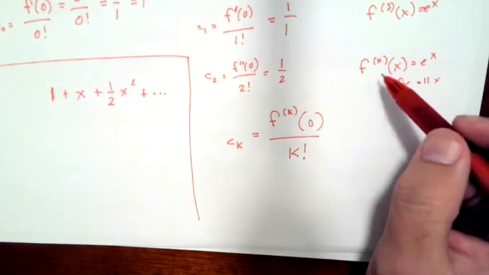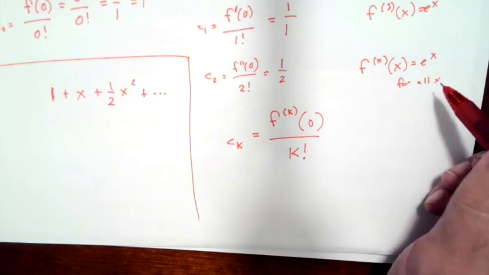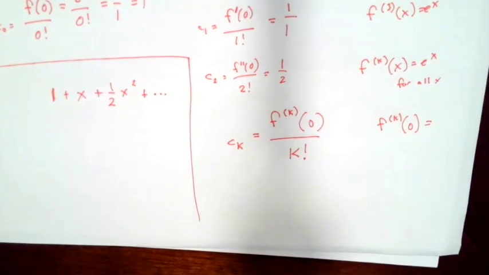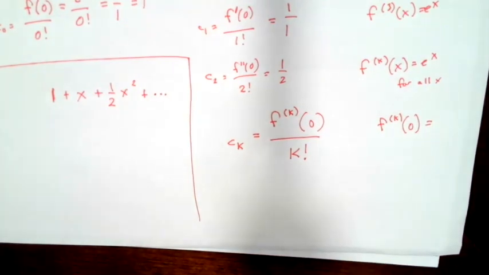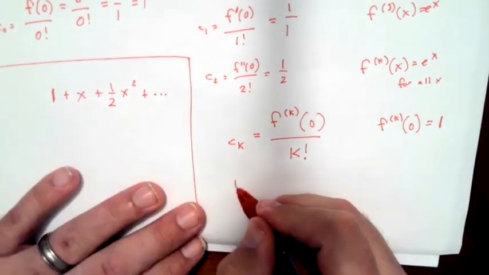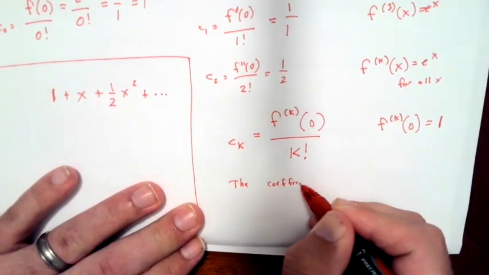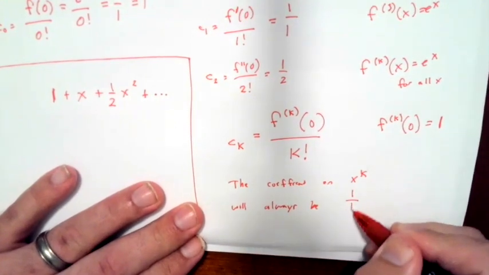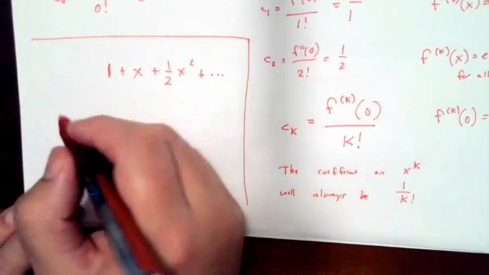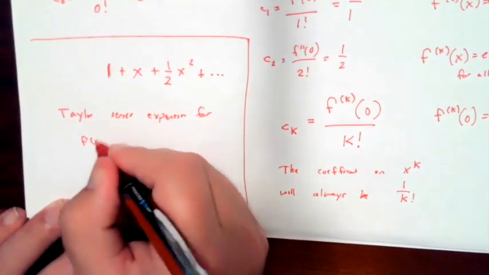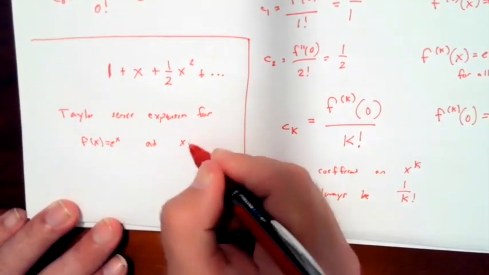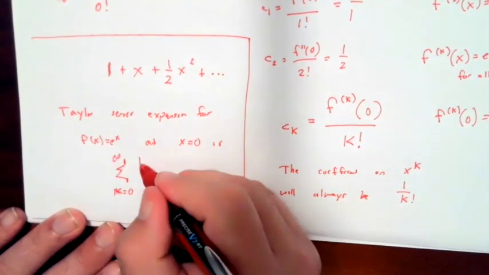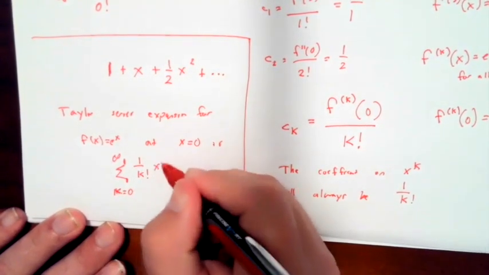And because the kth derivative of e to the x is always e to the x, the kth derivative of f of x with 0 plugged in will just be 1. So on every term, the coefficient on x raised to the k will always be 1 over k factorial. So the Taylor series expansion for f of x equals e to the x at x equals 0 is the sum from k equals 0 to infinity of 1 over k factorial times x to the k.